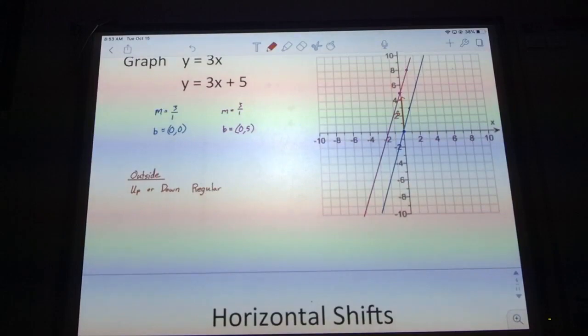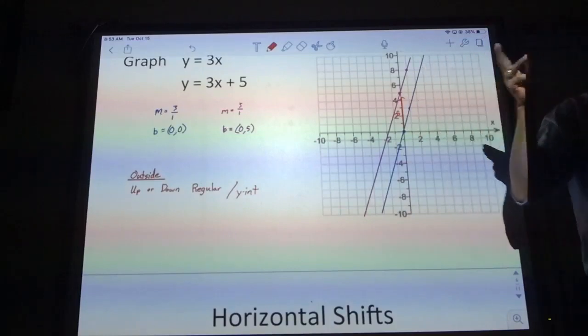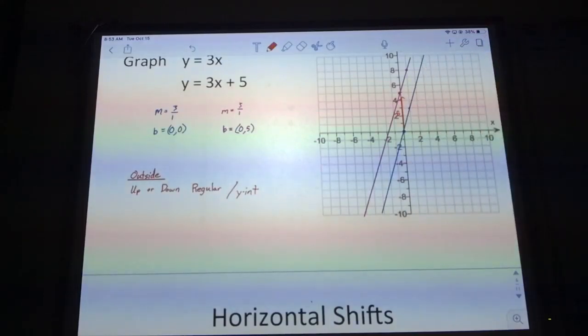Okay, and we also know that that's just a y-intercept. That's our b. That's what we always move up or down. And remember, this is that part on the test that's really, really heavy. This is going to be a big part of the test.